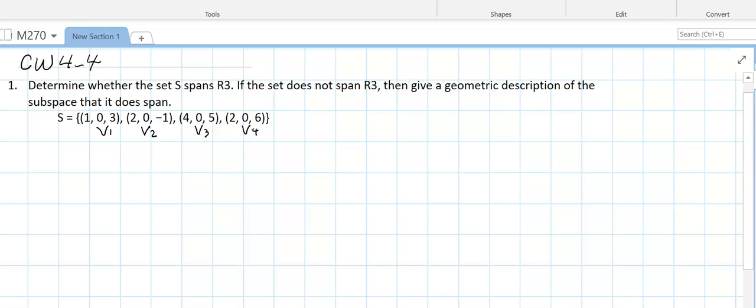we need to do is, are there three linearly independent vectors in there? We need three linearly independent vectors.